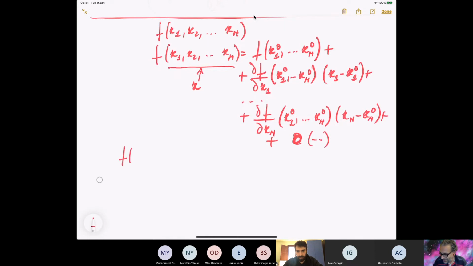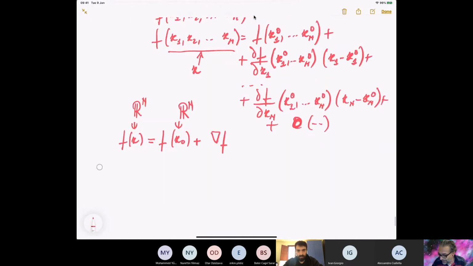So I write f of x, where x belongs to R^n, equal to f of x0, where x0 is another element of R^n, plus nabla f. What is nabla f? Nabla f is the vector having components df over dx1, ..., df over dxn.